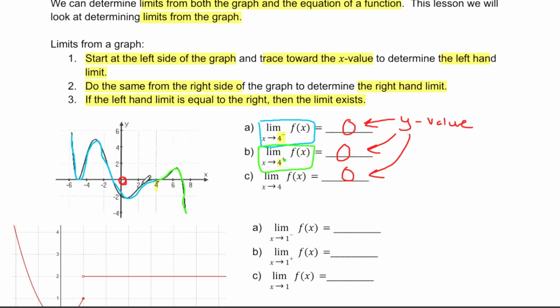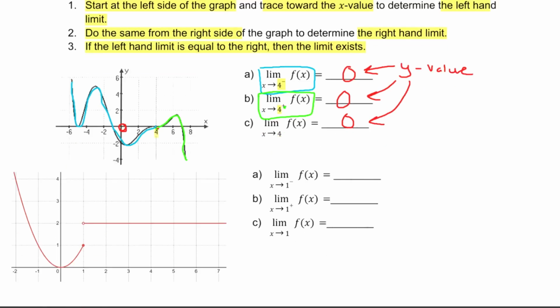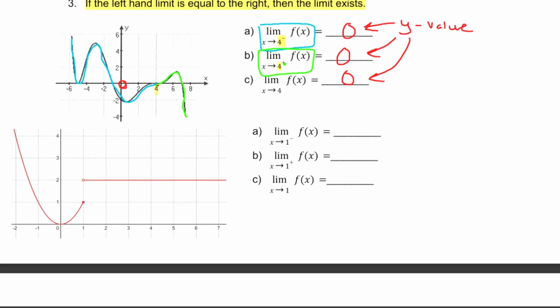Now let's look at another example. This time, we'll determine the limit as the function approaches 1. First, we approach 1 from the left.